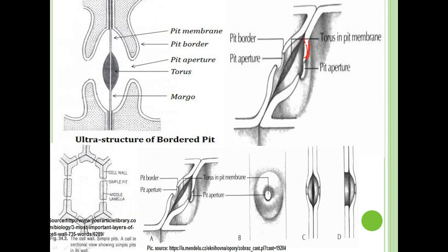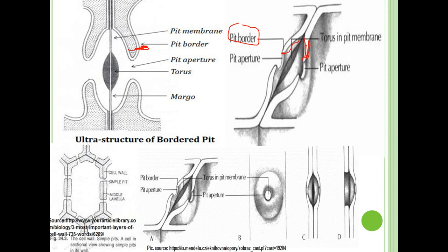So the bending of such structure of the secondary cell wall from both plant cells, or the overarching of such thing, creates what is called a pit border. These are the borders of a pit. Here, a pit border.